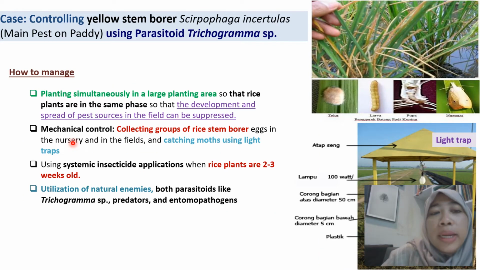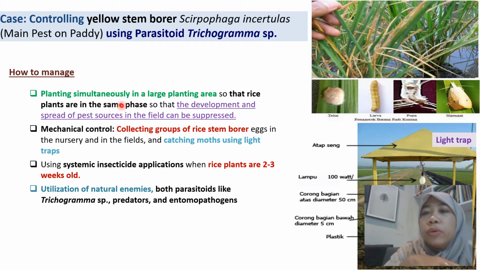And how to manage this pest? We should implement integrated pest management from the beginning, from the use of varieties, and how we plant in unison. Planting in unison itu adalah tanam serempak, or planting simultaneously in a large planting area, so that the rice plants grow at the same pace.